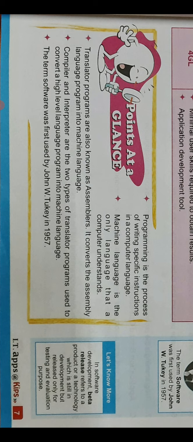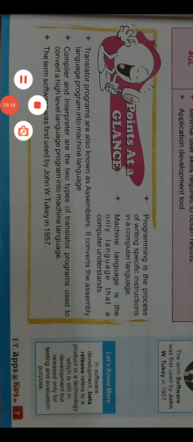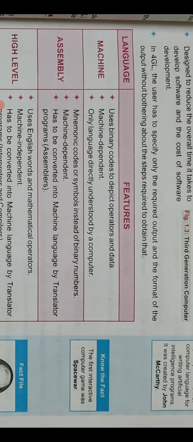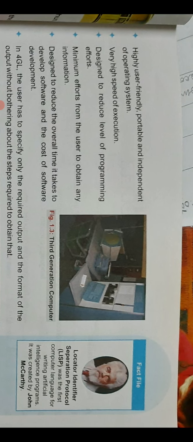Next, the term software was first used by John W. Tukey in 1957. In the right hand side you can see there are some boxes and the main points are written there.